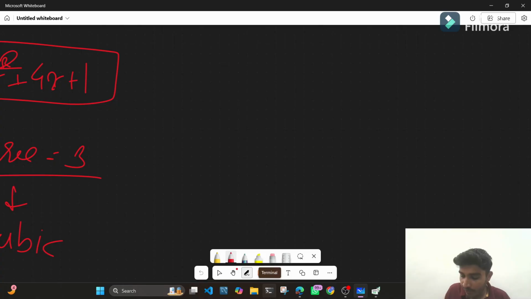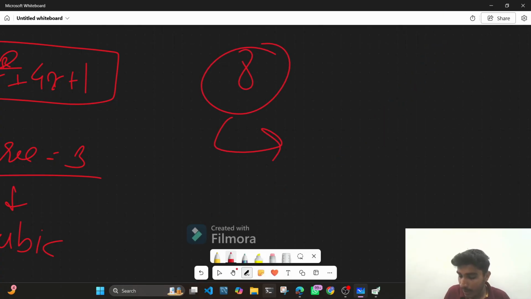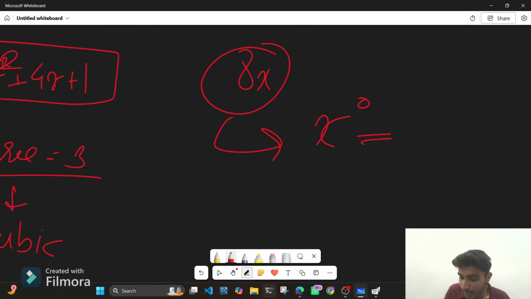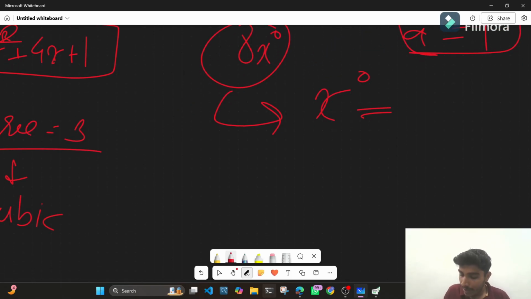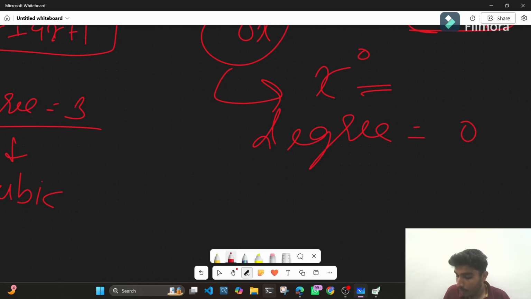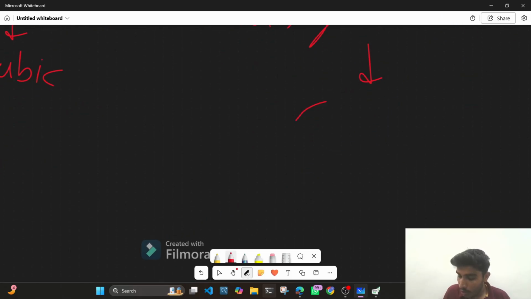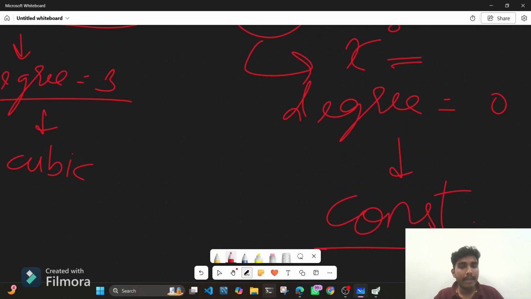Let's say I only have 8. So here the power of x is 0, because we have nothing. Let's say it is 8x to the power 0. Anything raised to 0 is equal to 1, you know this. So here we can say that the degree of this polynomial is 0. Therefore, it is called a constant polynomial. I hope this part is clear.